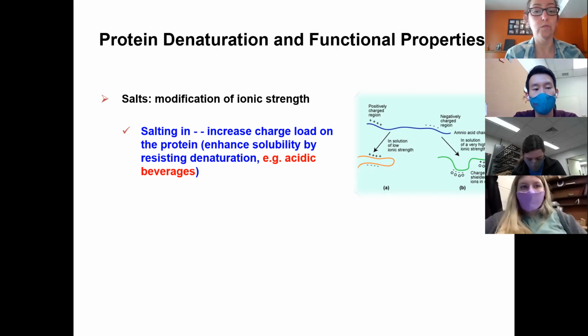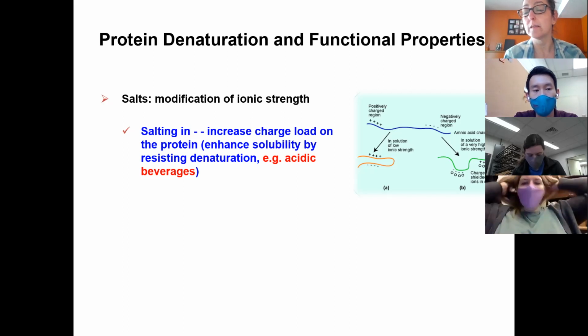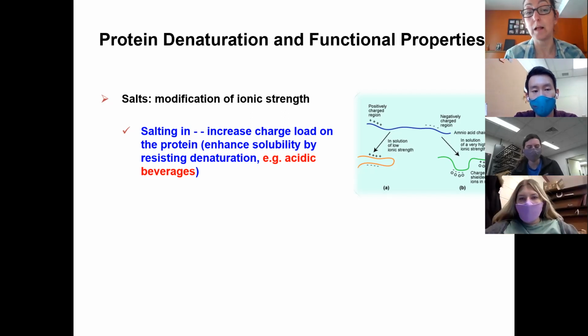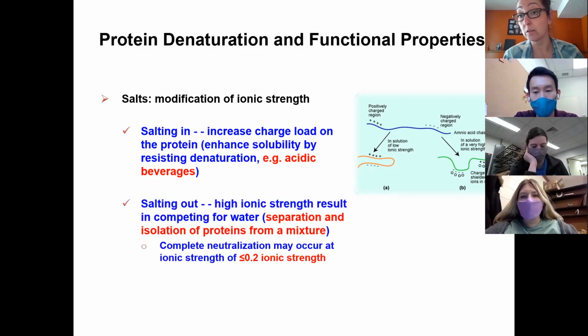For example, we said in acidic beverages, they add phosphate, which helps stabilize the protein in these beverages. However, high salt concentration will shield the charges on the protein and prevent the protein from interacting with water, and then break internal ionic interactions. Instead of forming internal ionic interactions, they will form strong interactions with the salt, leading to denaturation, basically.